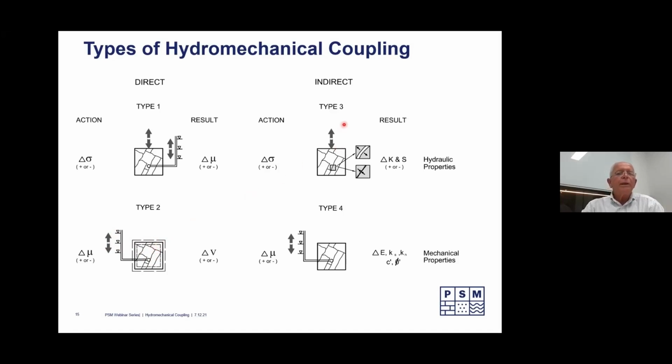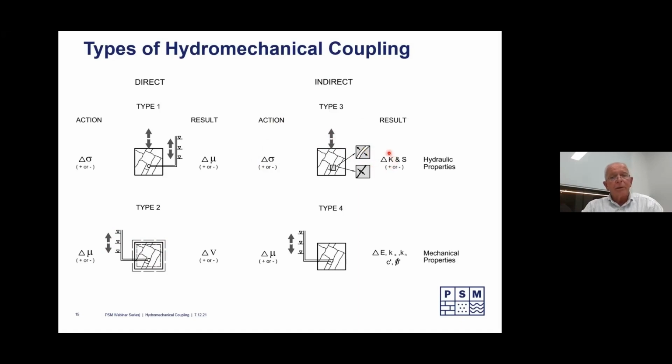Now we can go to indirect hydromechanical coupling, type 3. Again, there's an action on the left, a result on the right. Again, we're dealing with a change in the stress through loading or unloading of the block. And what we find is we change the hydraulic properties of the cracks. We either open them up or we close them.